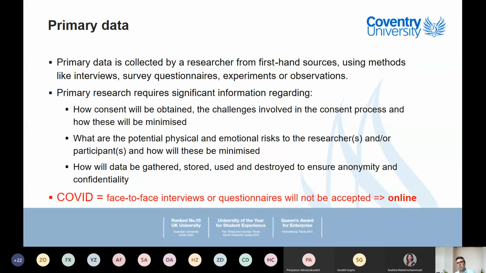An example of emotional risks could be if you were, I'm thinking maybe of the HR students here, you wanted to explore harassment in the workplace and try to get a feel of how people feel about it, whether they've experienced it, and so on.